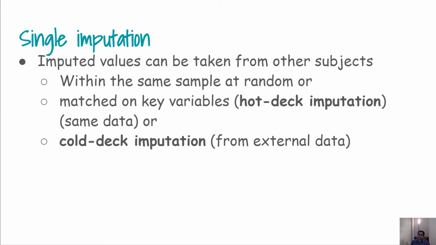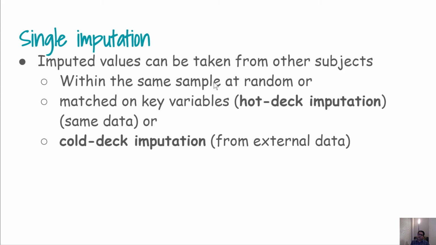There are a couple of things that we can try to do. We can pick an age value from a different person at random, say age 34, and impute that age value to the person who did not fill out the age box in their form.